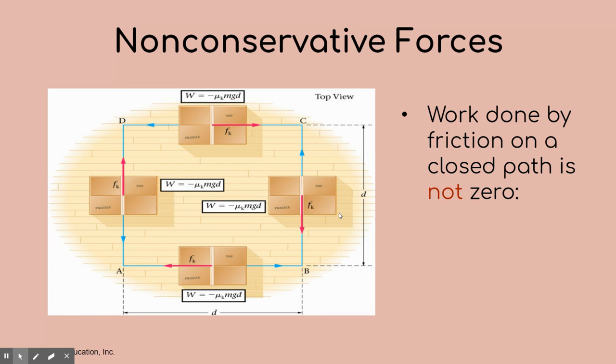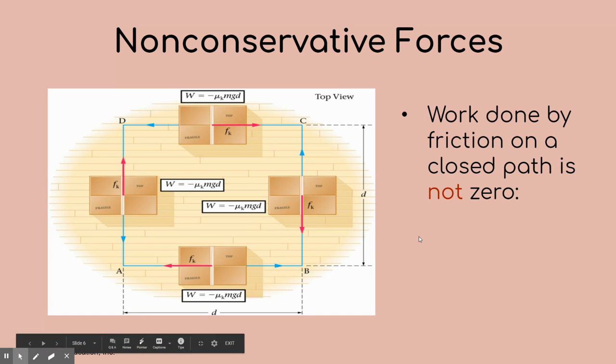Well, that's because each section has this component of friction, that coefficient of friction. So we're going to be moving it, and we are going to have a component of friction around each portion of this. Notice they're all negative, so we don't have equal yet opposite magnitudes here. They're all going to add up.